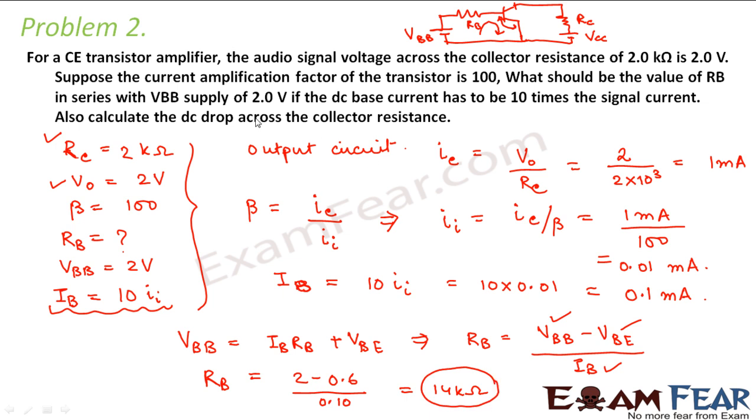Now also we have to calculate the DC drop across the collector resistance. For that we will have to calculate the DC current across the collector resistance. Now IC divided by IB is equal to beta. So from this I can calculate IC is equal to beta into IB. Beta is 100 and IB was calculated as 0.1 milliamperes.